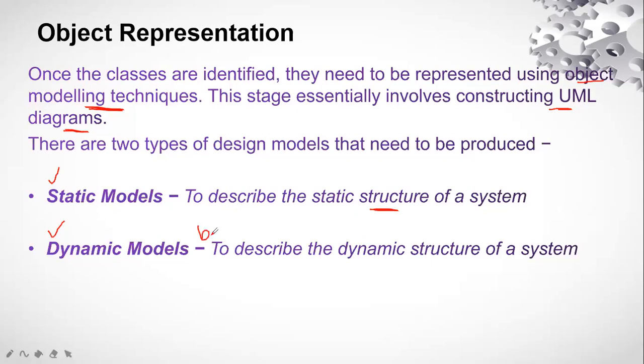Just remember this and you will always remember these points, right? So this is what we are going to do in the object representation. We have studied all types of static models and all types of dynamic models. That is what we are going to do here.